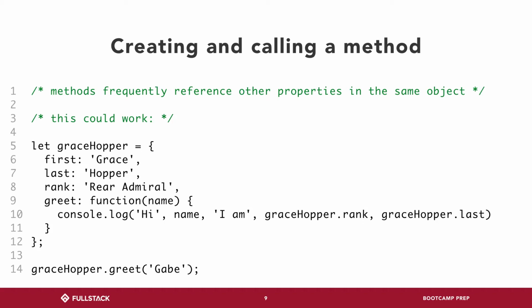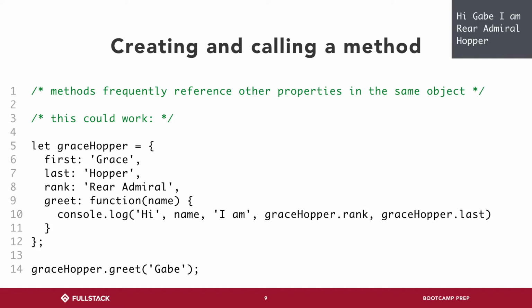We're getting to this. But before we cover this, the same dot notation that allowed us to access properties outside an object works inside the object as well. Same exact logic, same functionality, and it allows us, when we invoke the greet method with the parameter Gabe, to log the message we want.